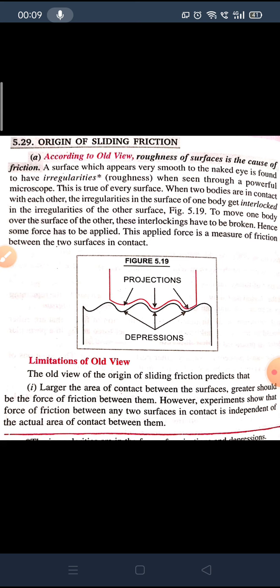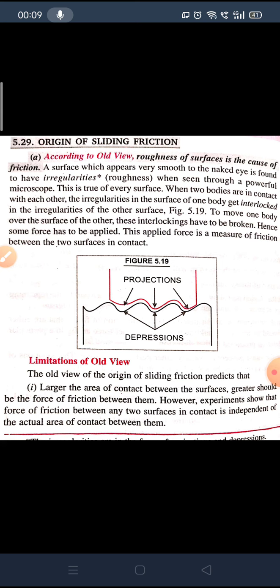To move one body over the surface of the other, this interlocking has to be broken. Hence some force has to be applied, and this applied force is a measure of friction between the two surfaces in contact. And what are the limitations of the old view, why are we not following this view?